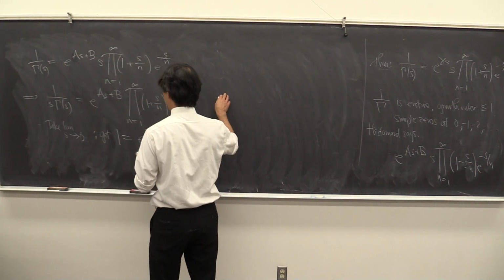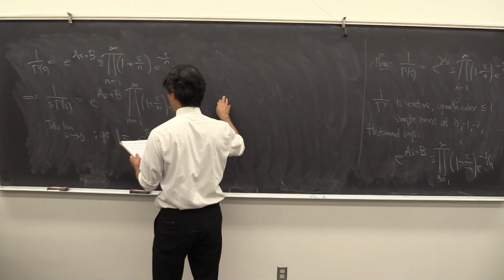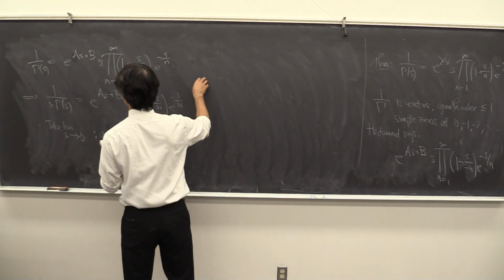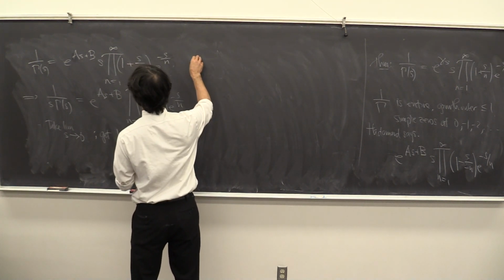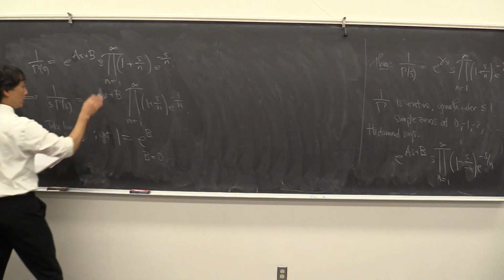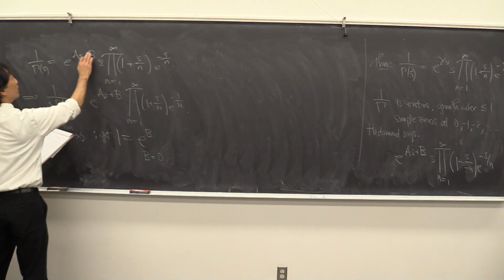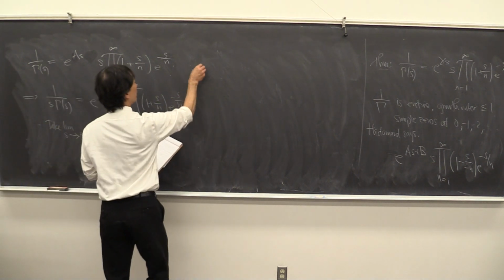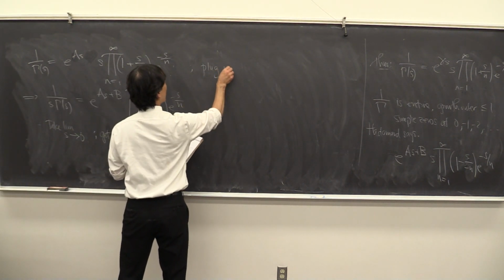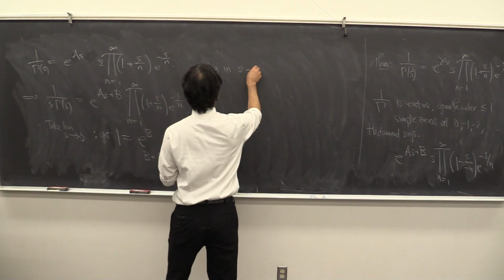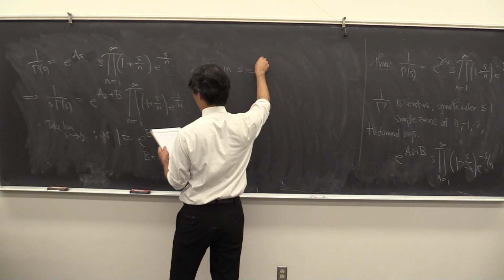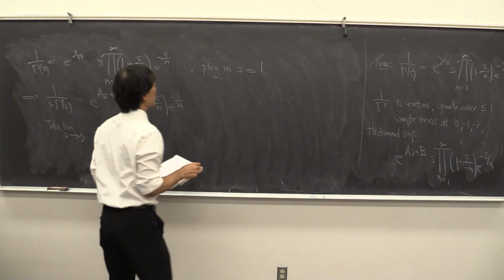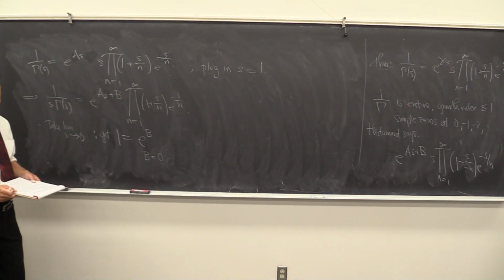Okay, so then we have b is 0, and we plug in s equals 1 on both sides.